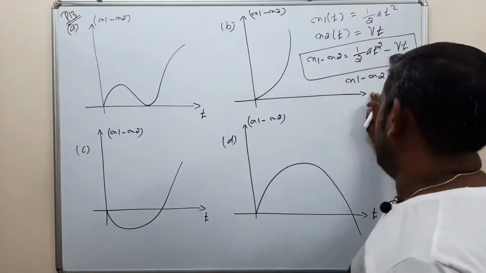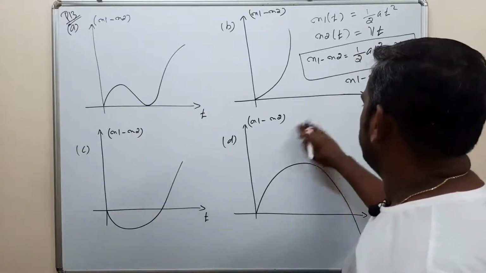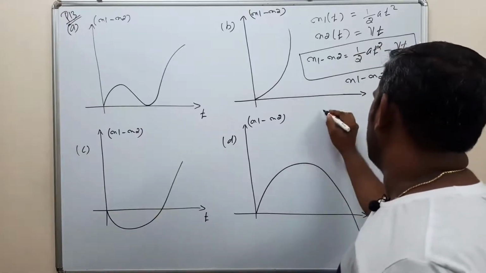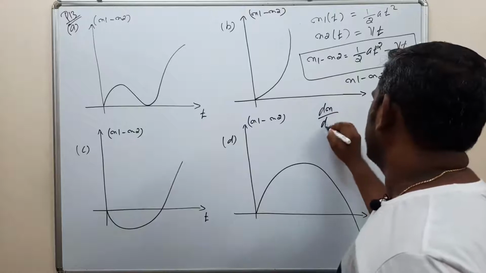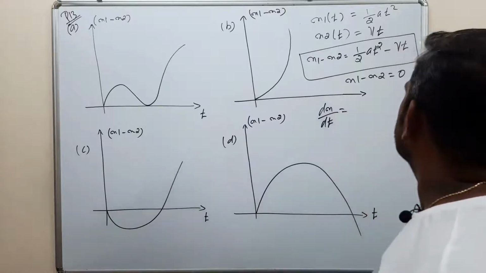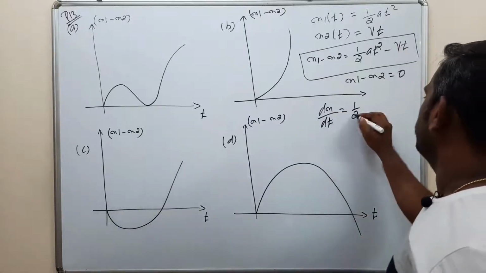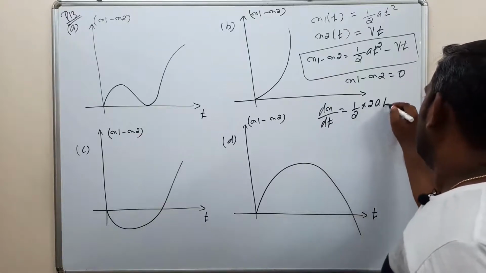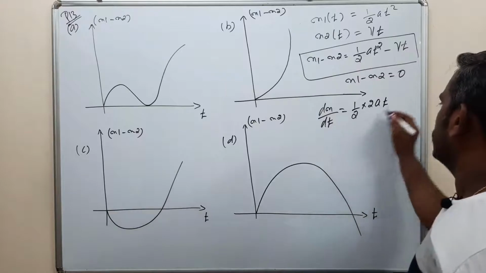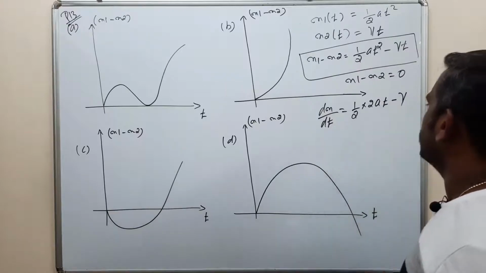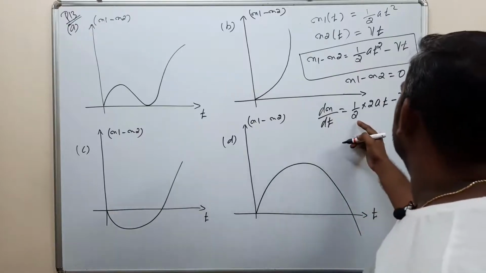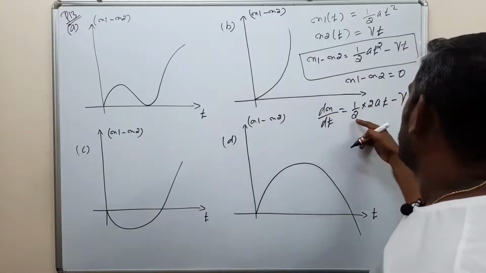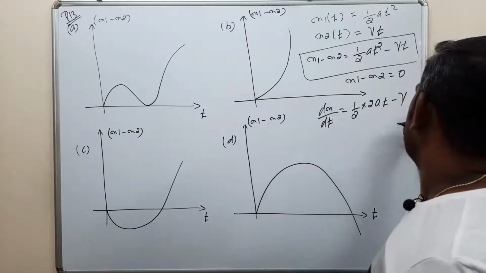Suppose I am finding the instantaneous slope, that is dx by dt. dx by dt is equal to half into 2 into at, minus v. That is half into 2at minus v.